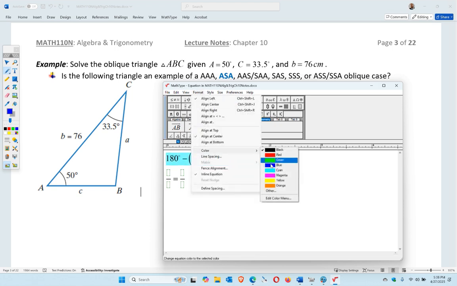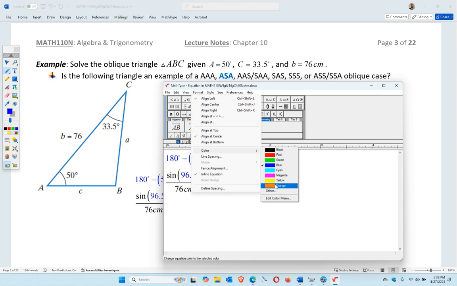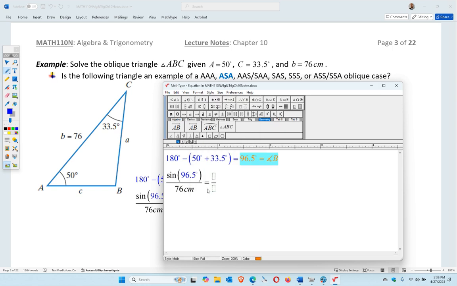Okay, so we have angle B. So I can do the sine of angle B and compare that to 76, and these are in centimeters, right? So that is the only ratio I in fact know. So I can use that to solve the other ones now.